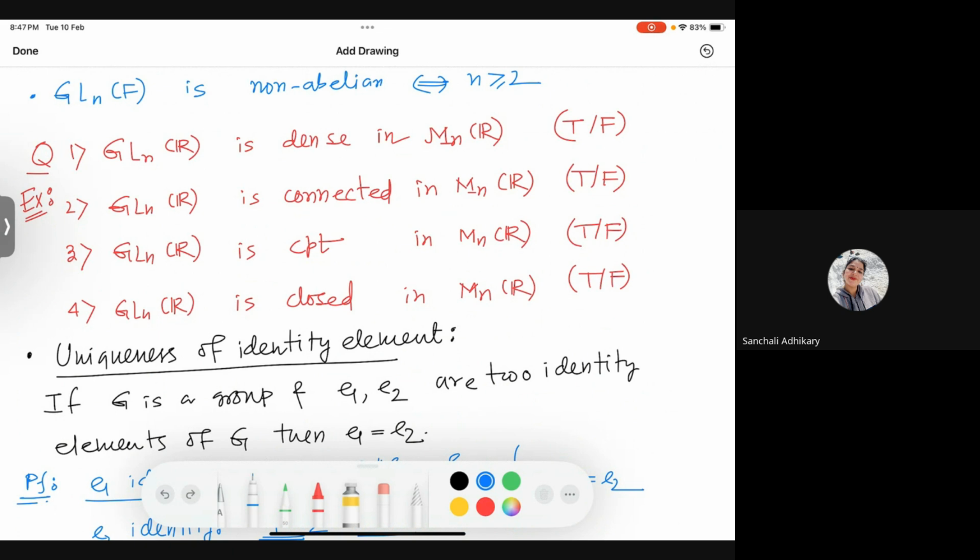So this is an exercise. Do you want to know how to prove or how to solve this question? Anyone? Or do you want to solve it on your own?